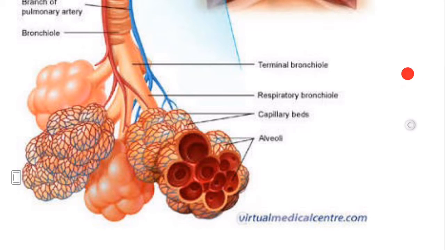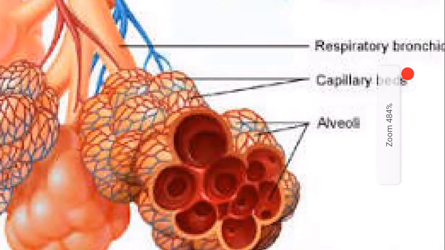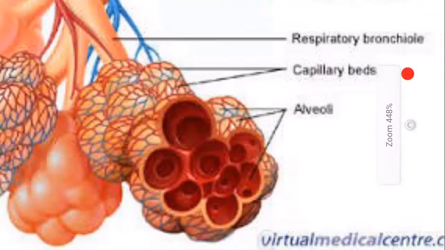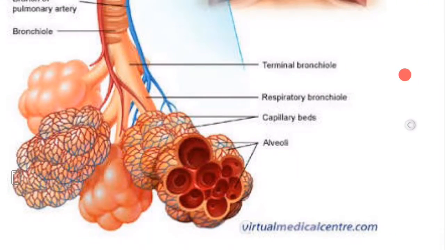This all occurs between the alveolar sacs and the capillary network. The red capillary network carries the oxygenated blood and the blue one carries the deoxygenated blood.